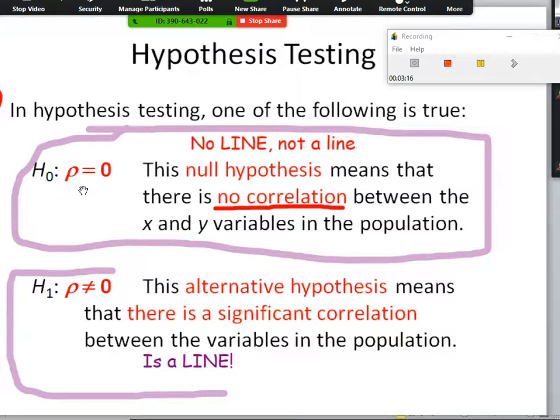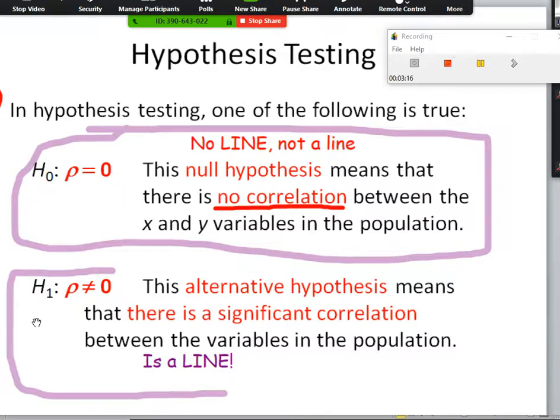It's usually no difference. In this case, it's no correlation, no line. It might be easier to think about it in terms of no line or not a line, because that is really what you care about in terms of the predictions later on. So no line, no correlation, equal to 0.